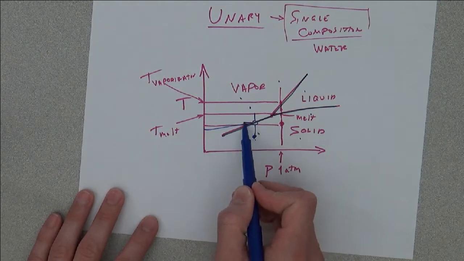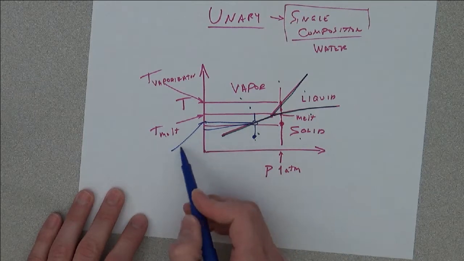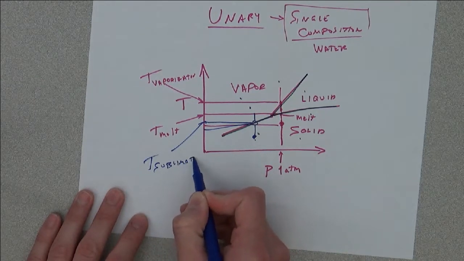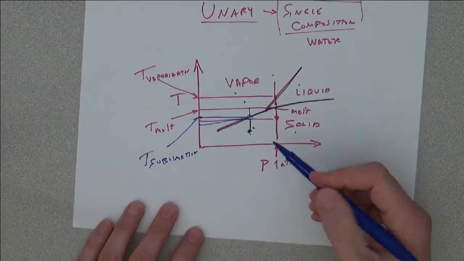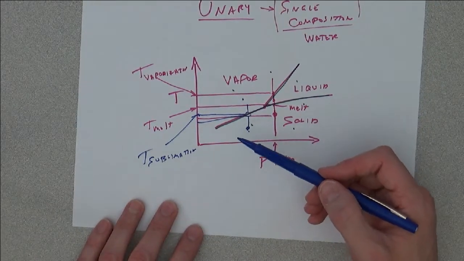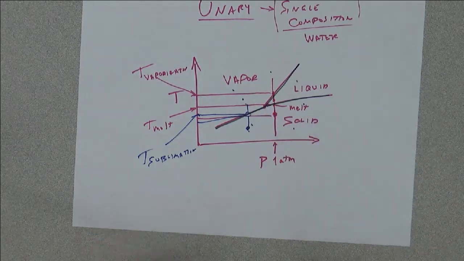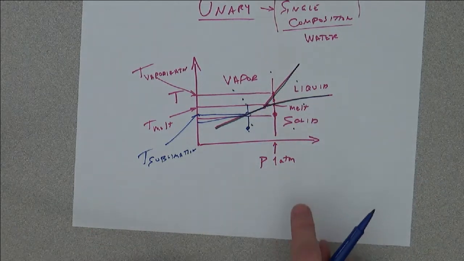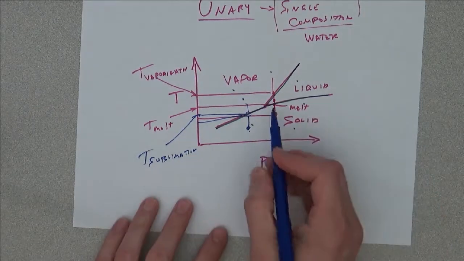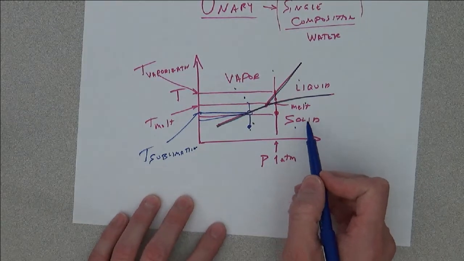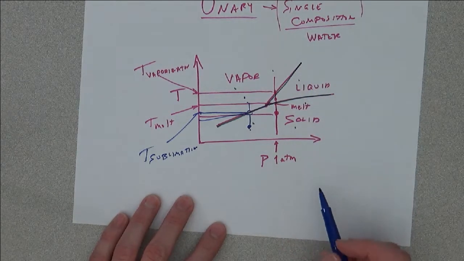So there's going to be T sublimation. And for example, dry ice at 1 atmosphere of pressure, it goes straight from a solid to a vapor, so it sublimates. Presumably, if you increase the pressure, at some point, carbon dioxide is going to go from solid to liquid to vapor.